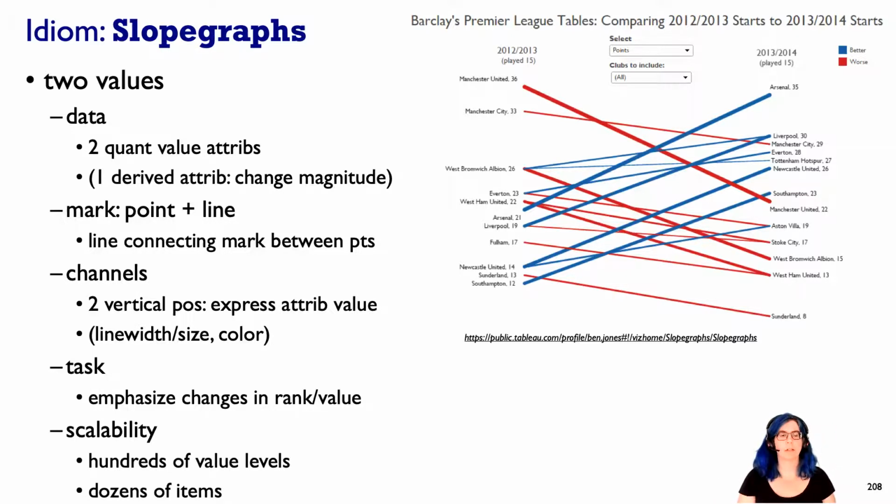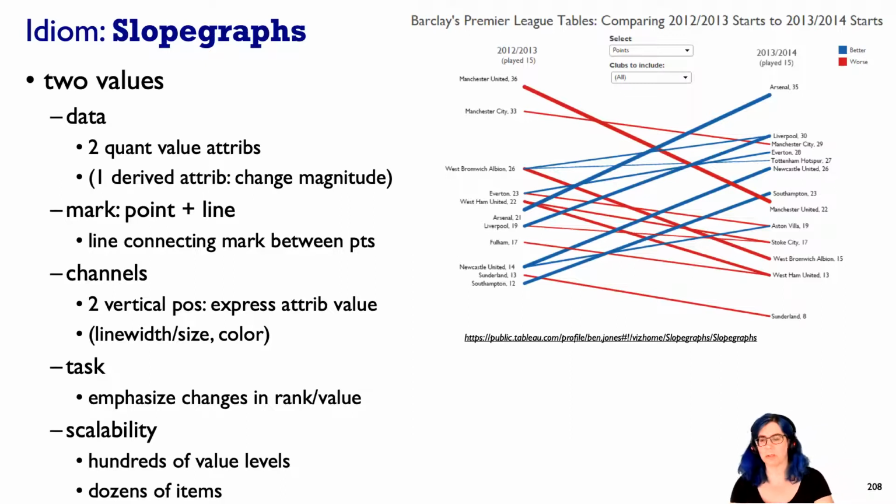So we've got vertical position along one axis, we've got vertical position along another axis, and then of course the slope of the line is what we are explicitly seeing that falls out of these ranking changes. And you can also do things like line width and color. Notice how these are redundantly coded in this particular example: all the downsloping lines are red, all the upsloping lines are blue.